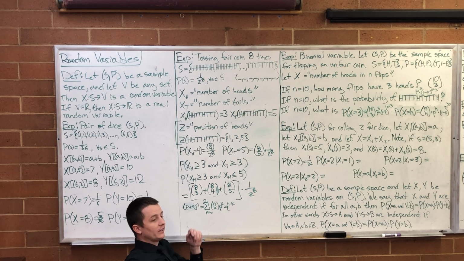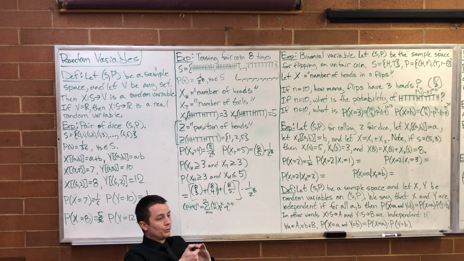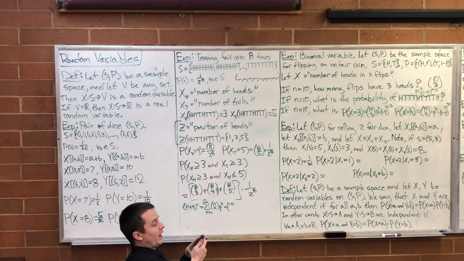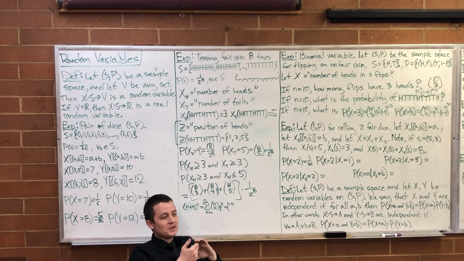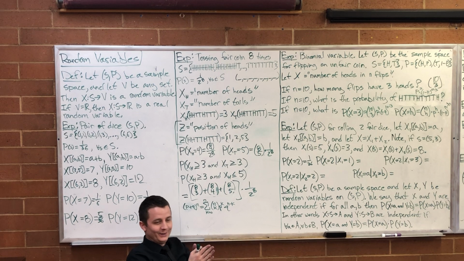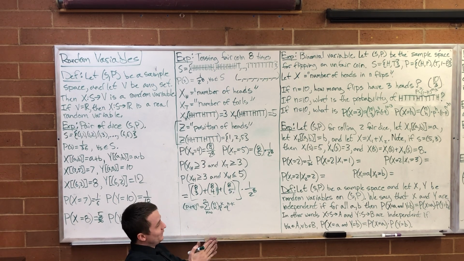Okay, so now let's calculate a different probability. What's the probability that your total roll is 2 if your first die was a 1? 100%? No, it isn't. Isn't it 1/6?